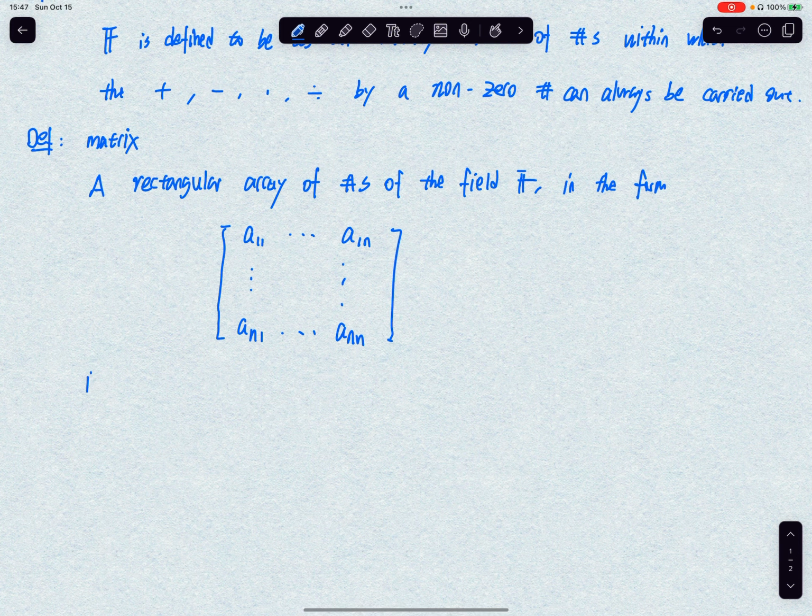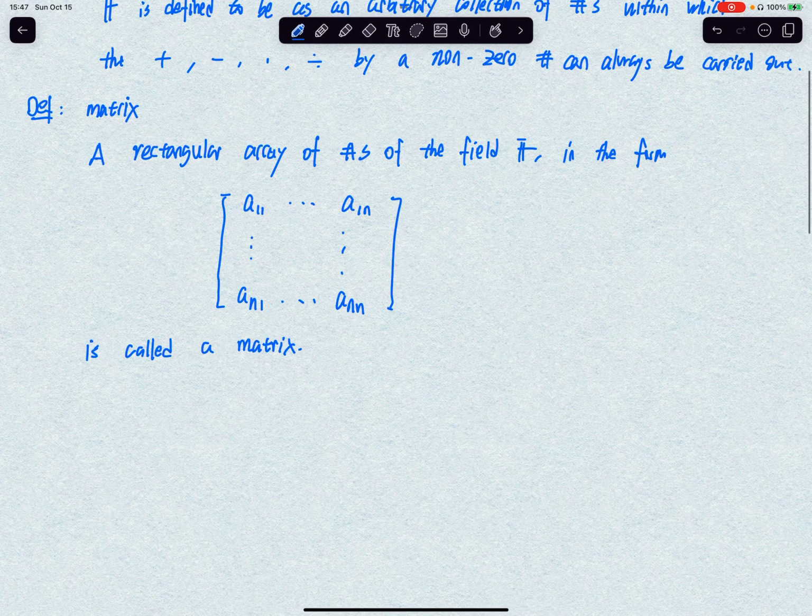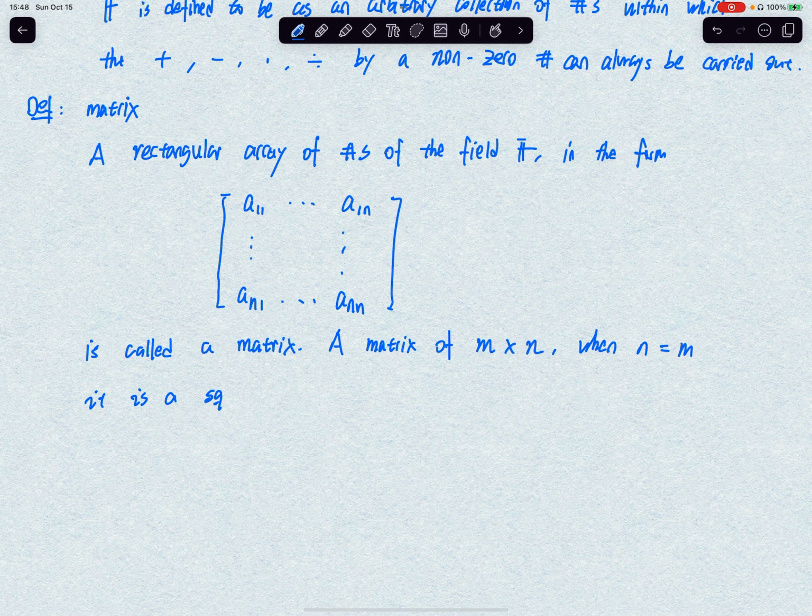So this is called a matrix. So it is only a representation. And most of us say that a matrix of m by n, and when n equals m, it is a square matrix.